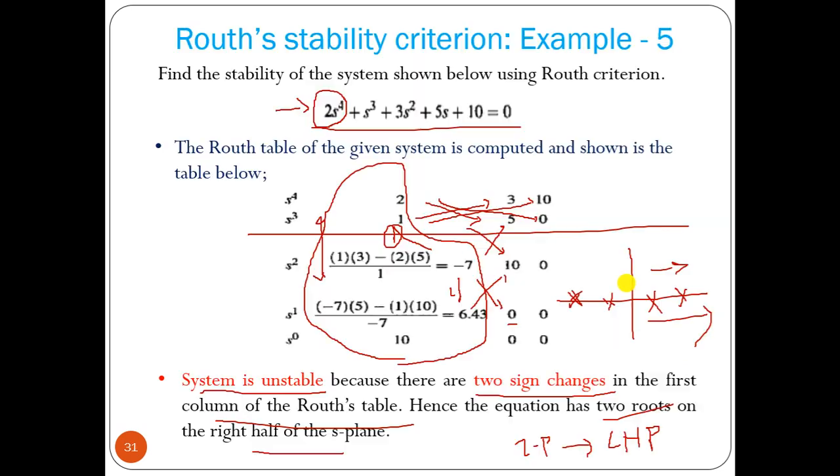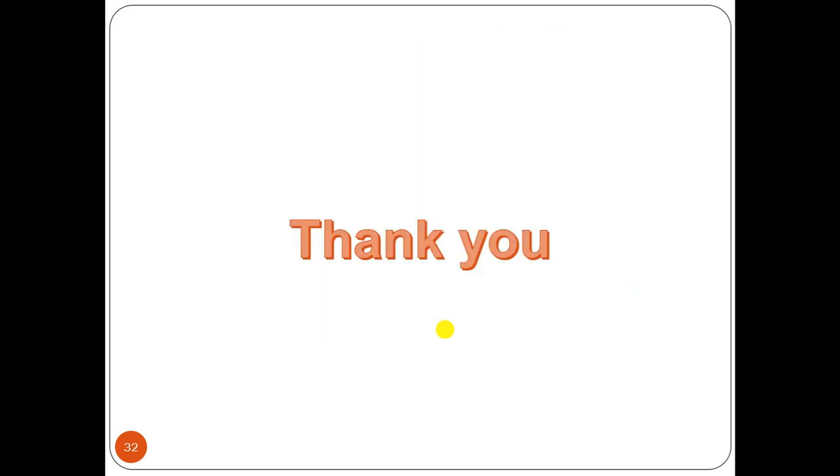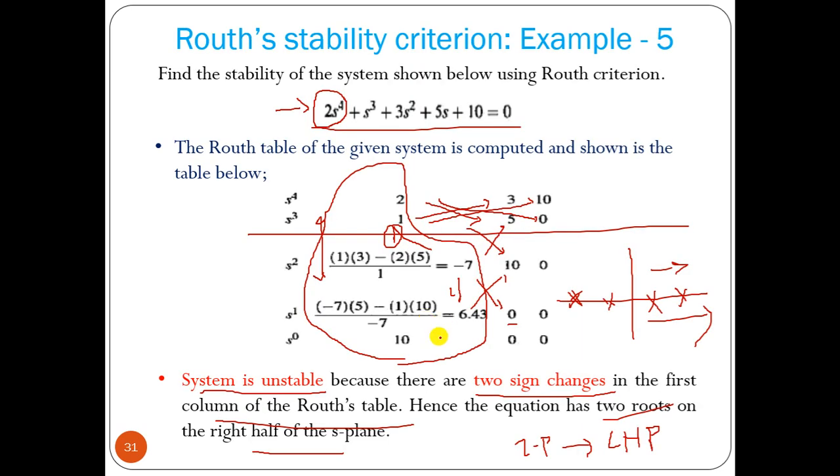So this is all about the Routh stability criterion, how to construct the Routh table, then what the condition for stability is and what we can find out. Now there are some points in this Routh stability criterion topic.